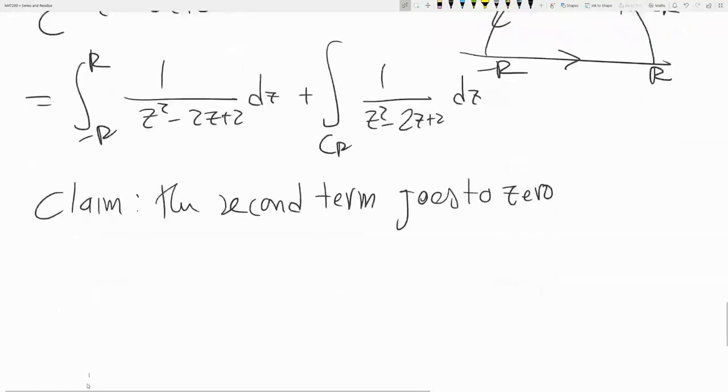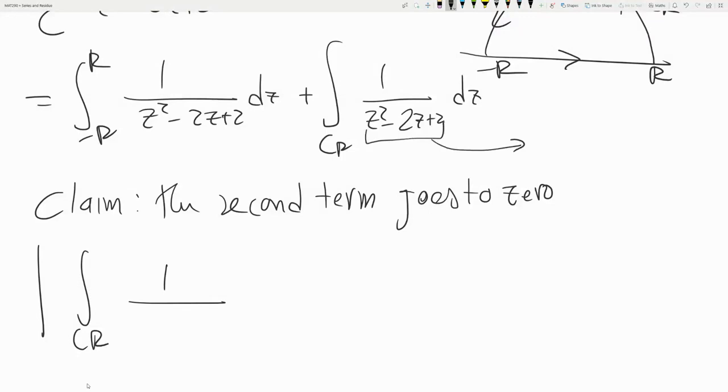So let me first make this term disappear. So you can in fact factor this, so let me do it here. So this is z minus a, z minus b, where a is 1 minus i, b is 1 plus i.